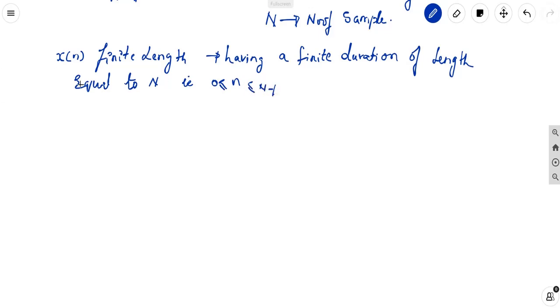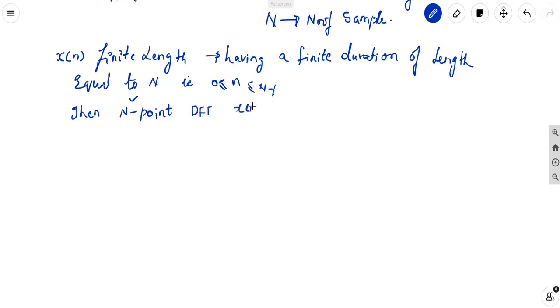Then the n point DFT. We are taking n samples, so for n samples we call it an n point DFT.